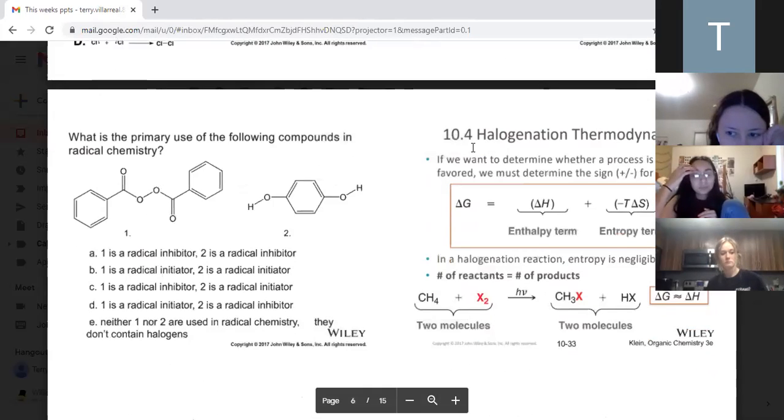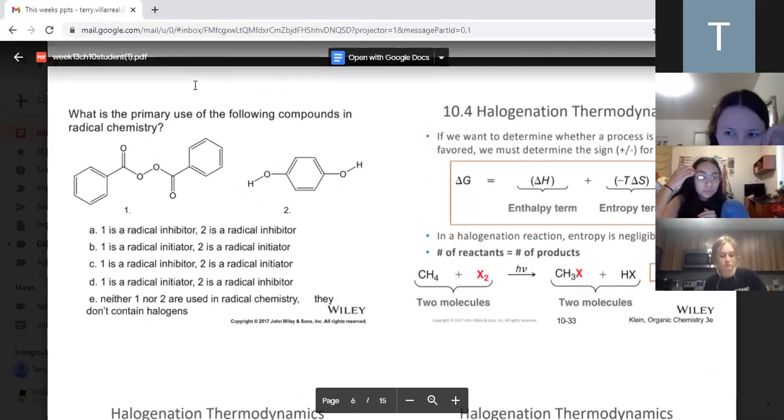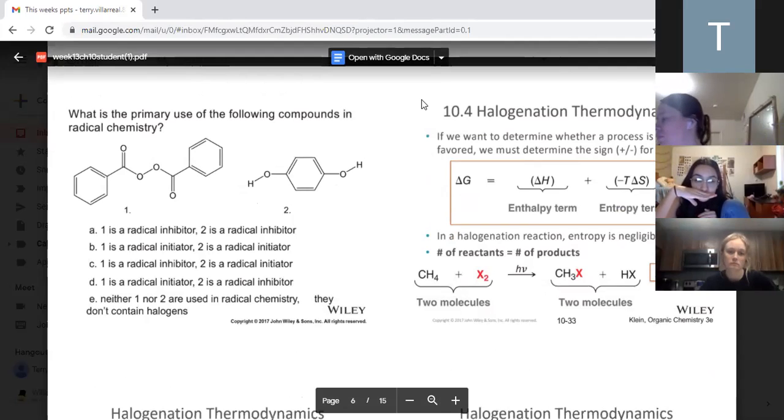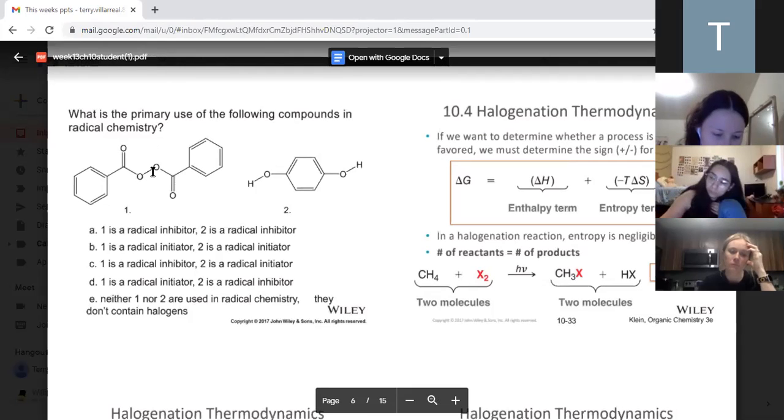All right. One more question here. This one says, what is the primary use of the following compounds in radical chemistry? Wouldn't the first one be an initiator since it has the oxygen single bond with oxygen? Yep. Anytime you see an oxygen single bonded to oxygen, immediately think initiator.